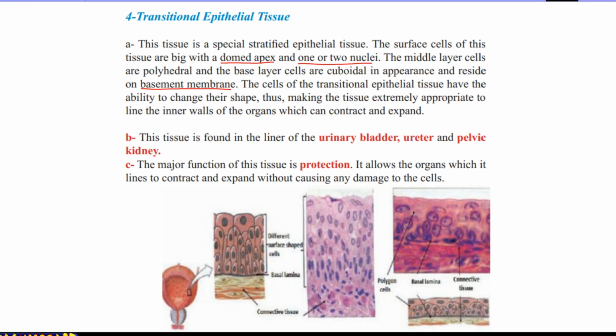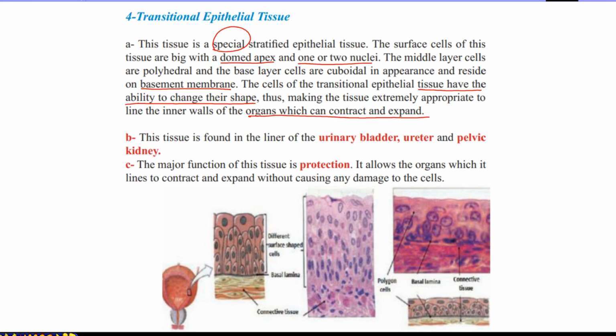The cells of transitional epithelial tissue have the ability to change their shape. The specialty of this tissue is this ability to change shape, making it extremely appropriate to line the inner walls of organs, which change their shape with contraction and expansion.